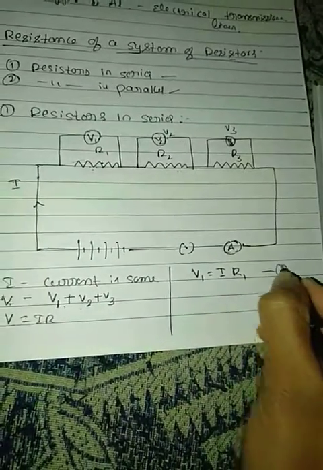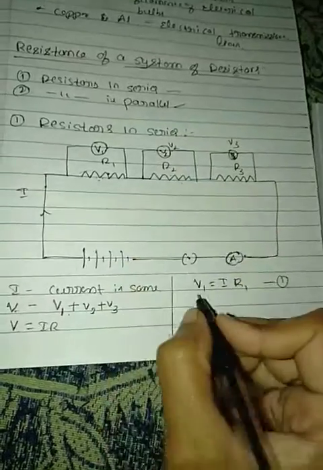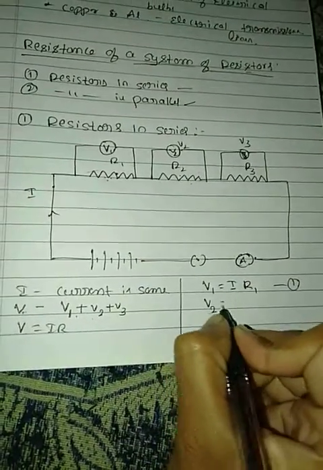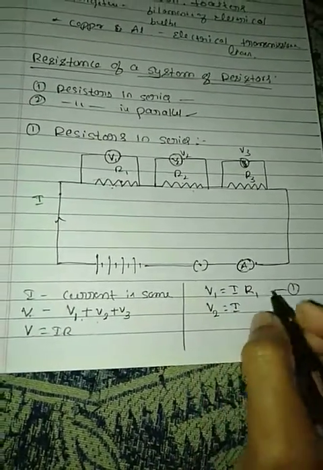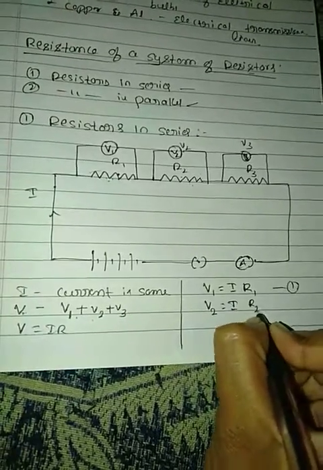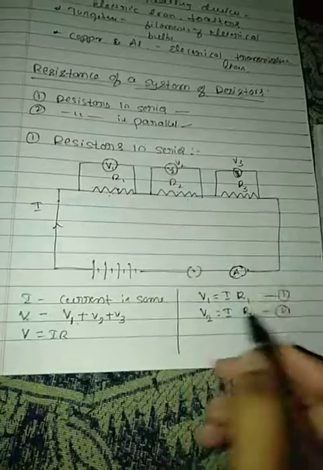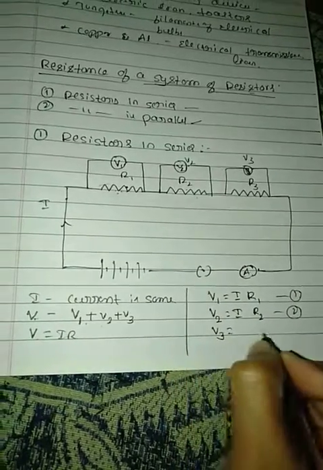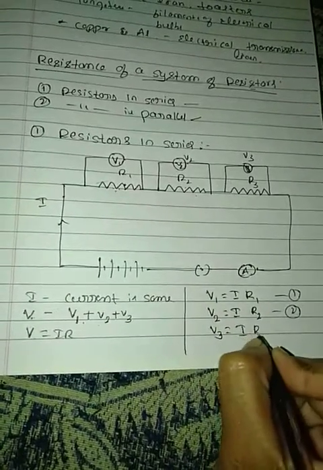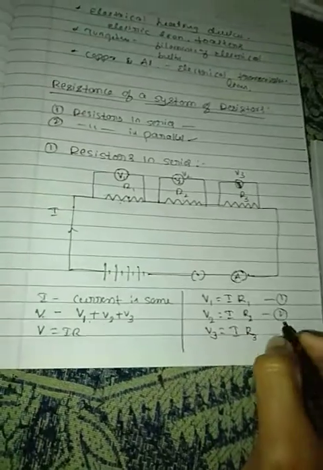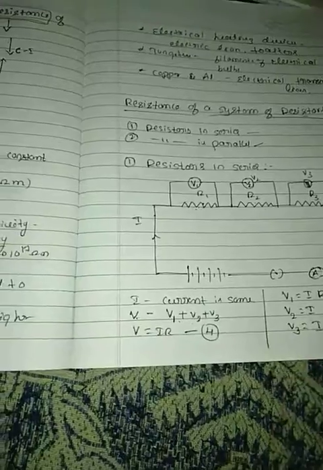This is equation 1. In the second resistor, potential difference is V2, current is the same I, and resistance is R2. This is equation 2. In the third resistor, potential difference is V3, current is the same, resistance is R3. This is equation 3. Take this equation as 4.